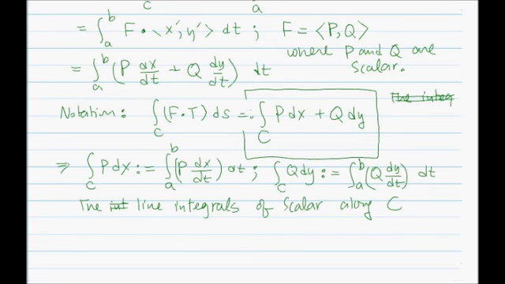So to distinguish that, they call it with respect to x or with respect to y. But all the other integrals we did before in the original notation are integrals with respect to arc length. So that's the term they use to distinguish this. I'm going to go to the next page to give you an example of this. It really requires an example to get used to this notation.